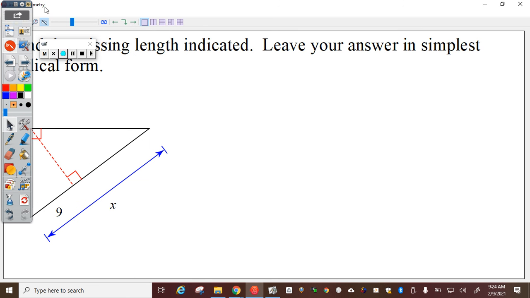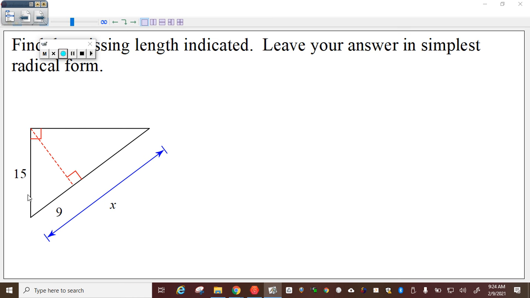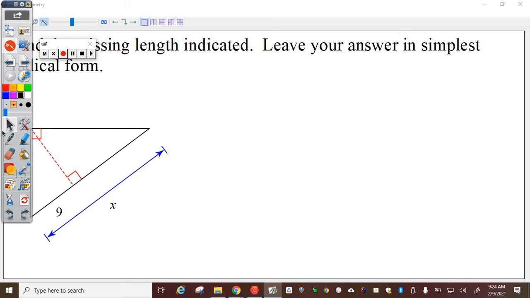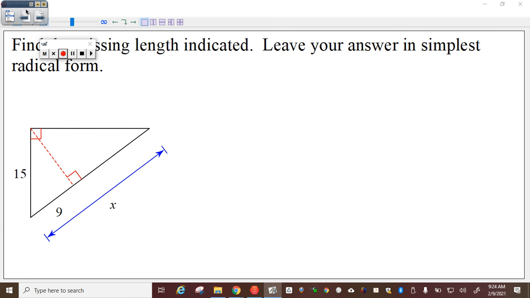So looking at that, let's look at this right here. We'll work on this one together as well. Let's do the setup here. The setup is this side right here was equal to the geometric mean of its part and the whole thing.